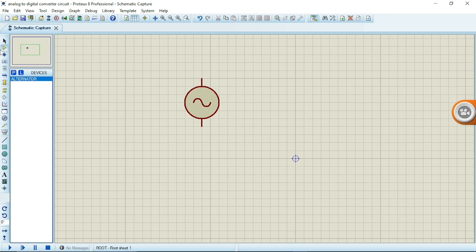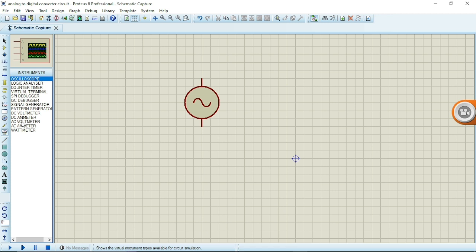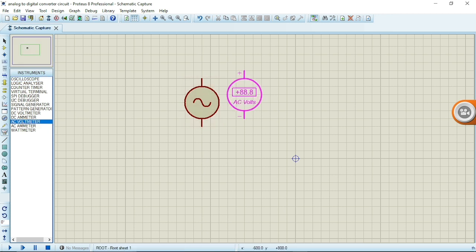I'm going to put this one right here and connect it together. This is AC volts, which means it is an AC multimeter. So I'll play it right here and see if it gives us 220 volts.